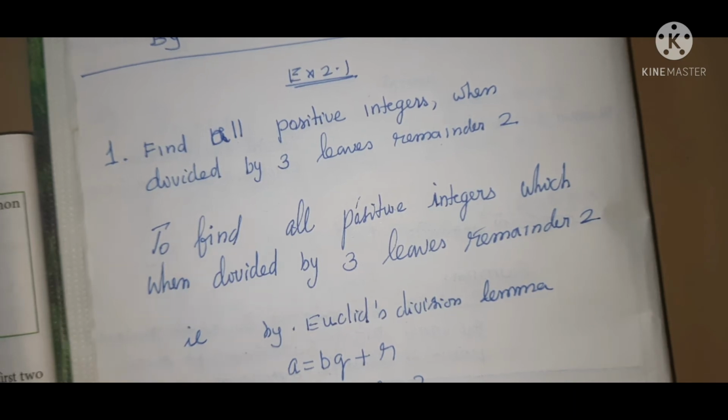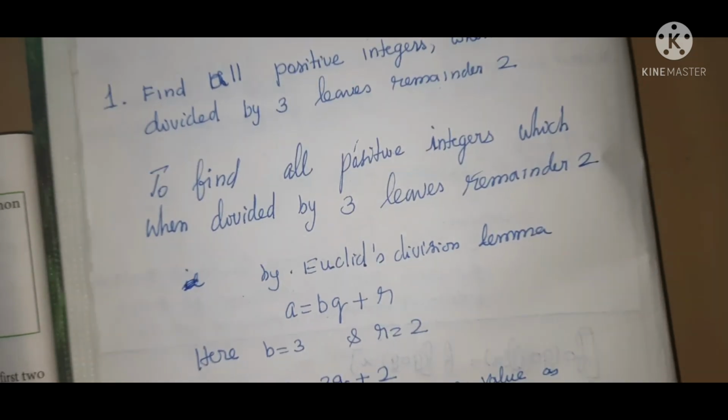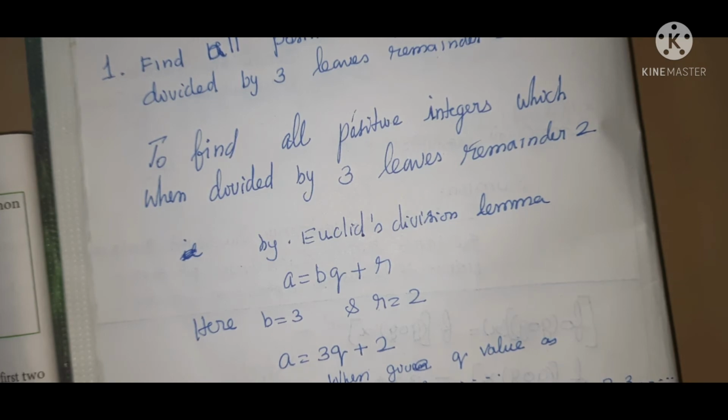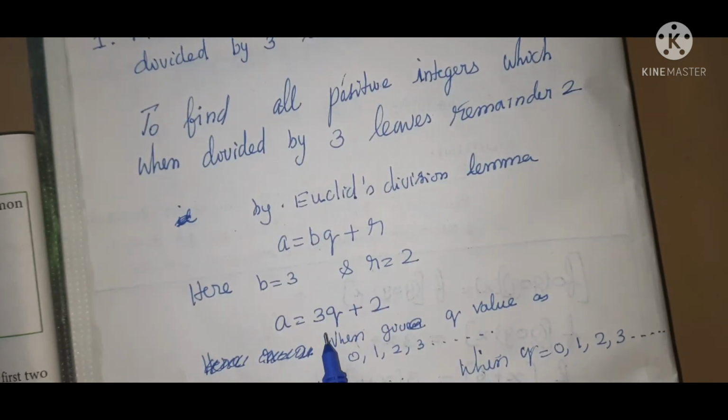To find all such positive integers, by Euclid's division lemma, a is equal to bq plus r. Here b is the divisor, the divisor is 3, and r is the remainder, r is 2. So a is equal to 3q plus 2.